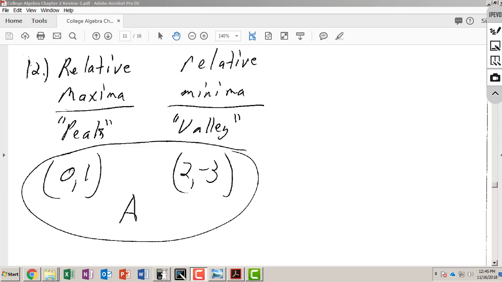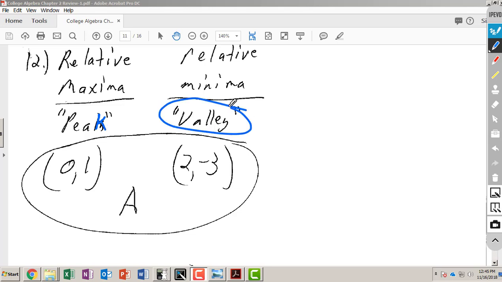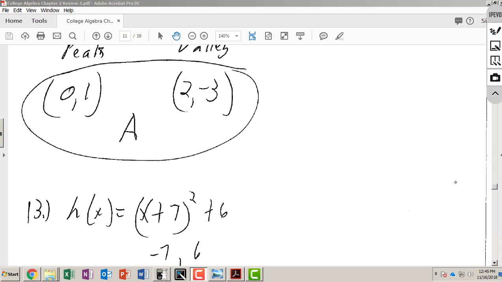Remember, a relative maximum is what you're looking for: your peaks, and your valleys. All you have to do is look at your graph and see where the peaks and the valleys are.